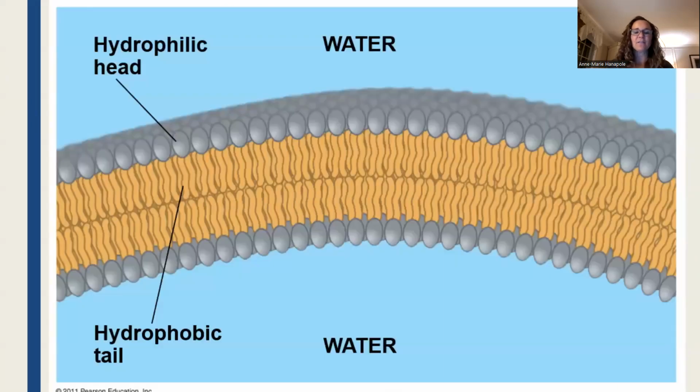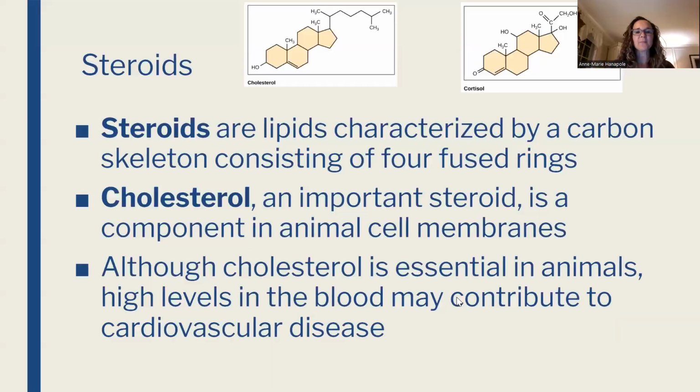So here you can see that phospholipid bilayer. The hydrophilic end is going to face where the water is. So we've got water inside the cell, we've got water outside the cell, and then the hydrophobic tails are going to hang out with each other facing inside of that bilayer. Again, we'll come back to that.